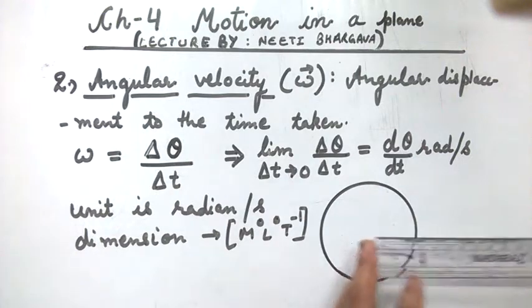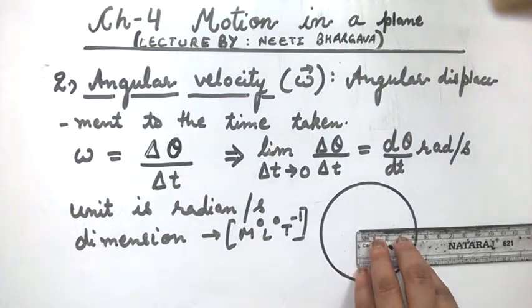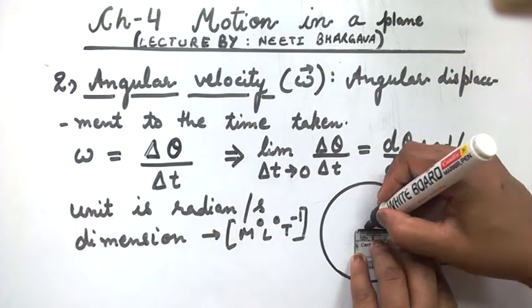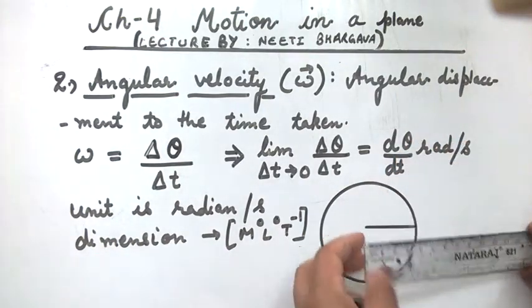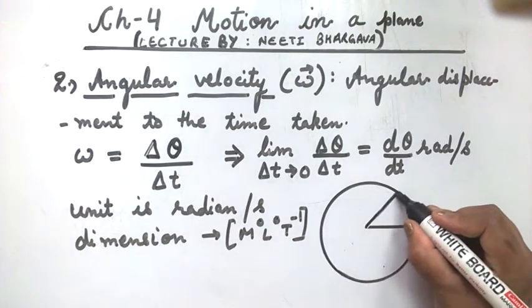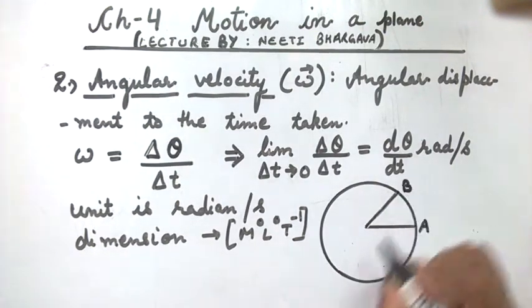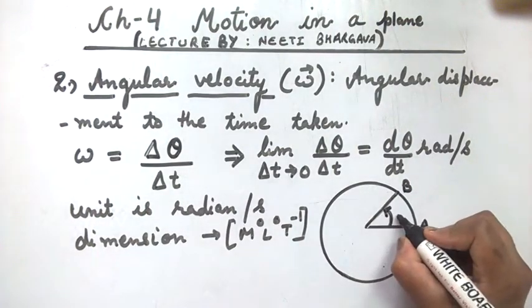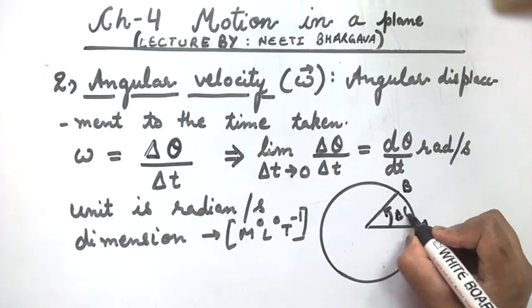Now, in order to find its direction, let's draw this diagram. Let the particle initially be at position A, moving in the anti-clockwise direction. Its final position is B. The small angle is the angular displacement, that is del theta.